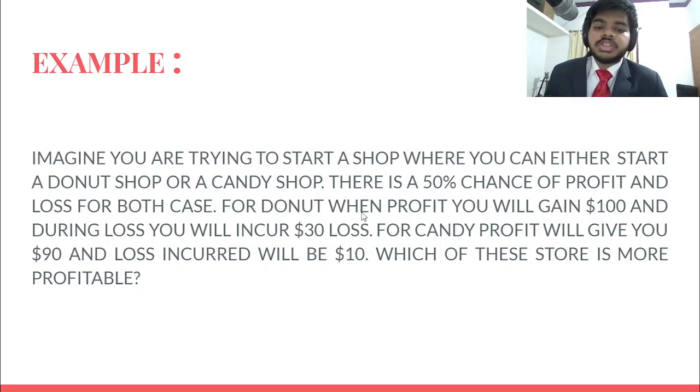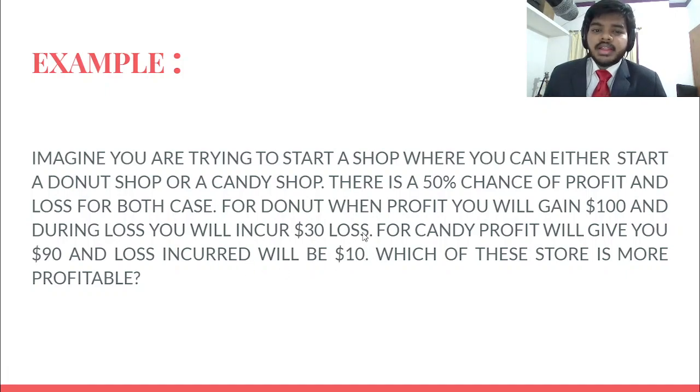When it comes to the donut shop, the profit will gain a price of $100, while the loss will incur a $30 loss. On the other hand, we have the candy shop where profit will give you $90 and loss incurred will be $10.